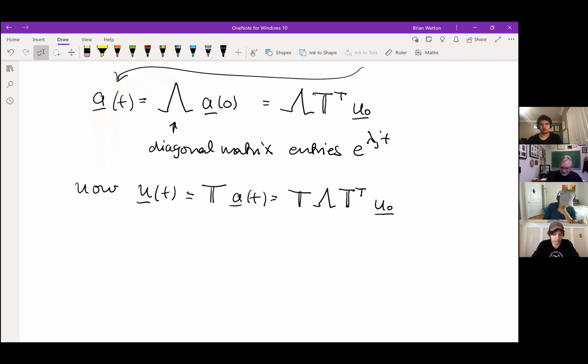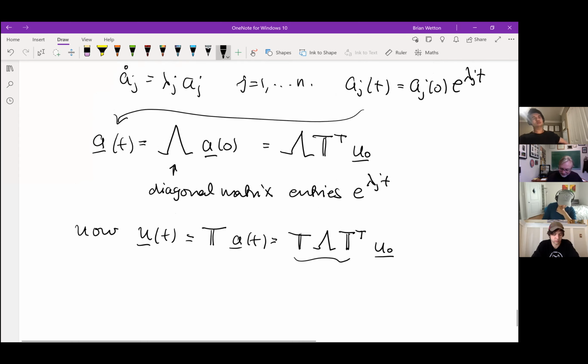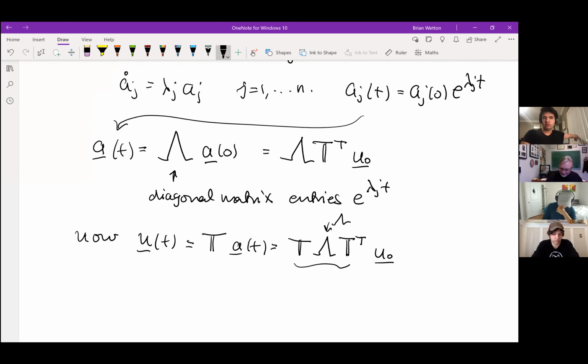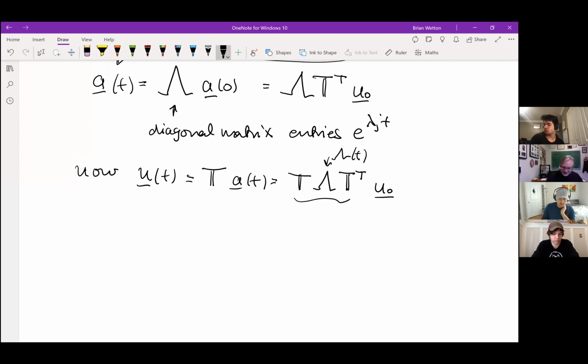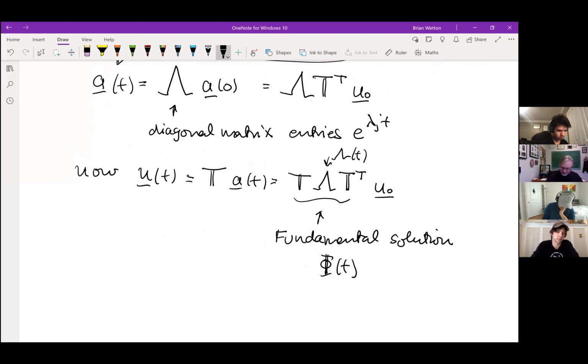Oh, well, this is the matrix that you multiply the initial conditions by, matrix that depends on time. The only place where this depends on time is in here, right? With the exponential terms on the diagonal, right? You multiply by this matrix to get the solution. So this is the fundamental solution, Phi of T that we talked about before, right?